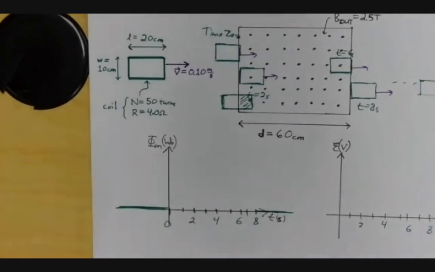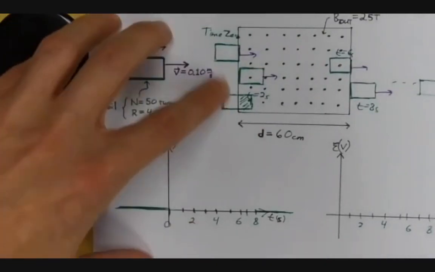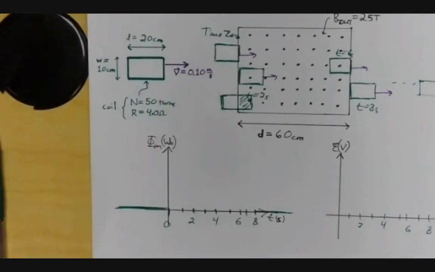The area is also always perpendicular to the field, so we don't have to do any cosine. There is the angular stuff to think through. One thing to notice is the angular stuff isn't going to change as we move across there. What is the angle formed between the area vector for the green loop and the magnetic field the entire time? The area vector would point out of the page, perpendicular to the green loop.